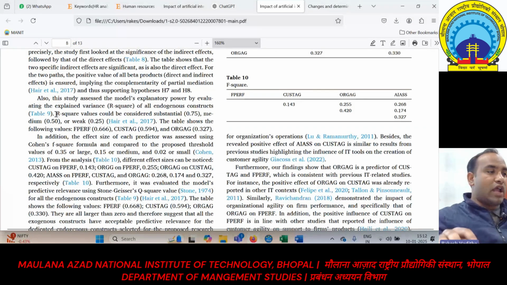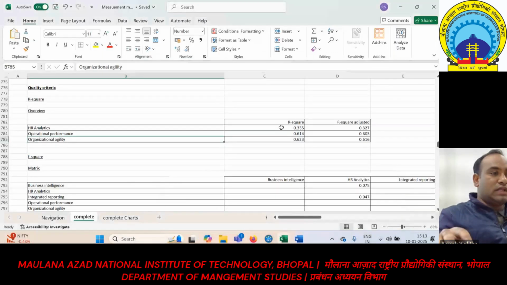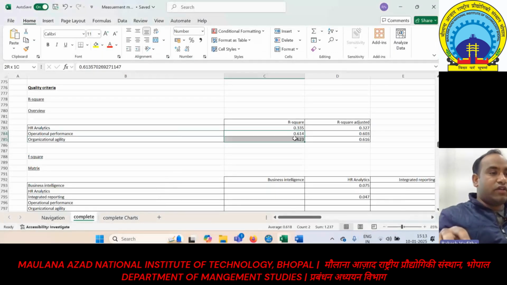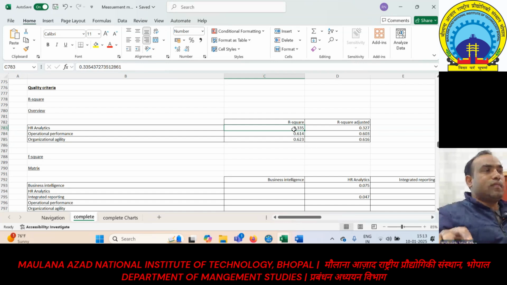R square values more than 0.75 are considered large, 0.50 is medium, and 0.25 is weak. In our study, these two are at the medium level, and this one is weak as compared to them.